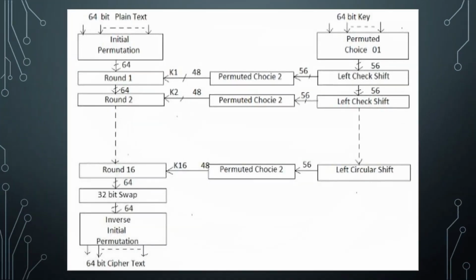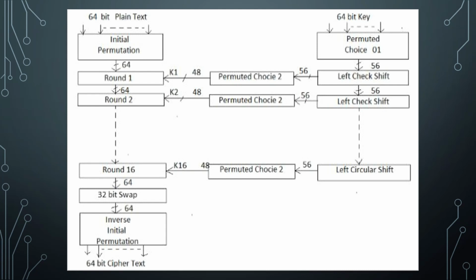So this is the algorithm diagram of DES. Before going to explain this algorithm, I am going to tell 3 points which must be remembered by us. The first one is permuted choice, and the second one is expansion permutation, and the third one is S-box.